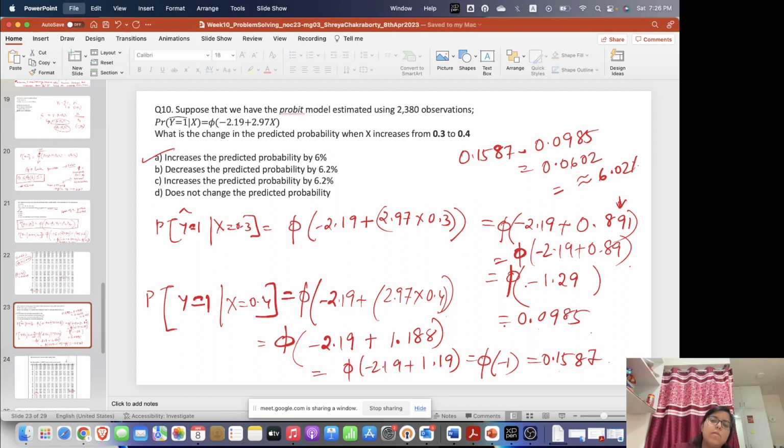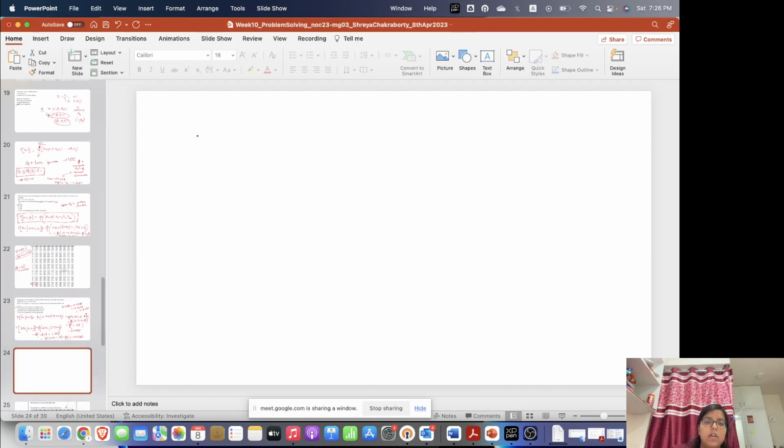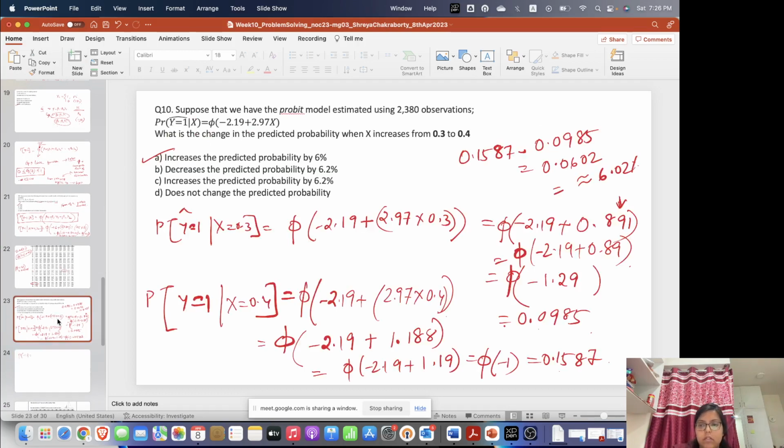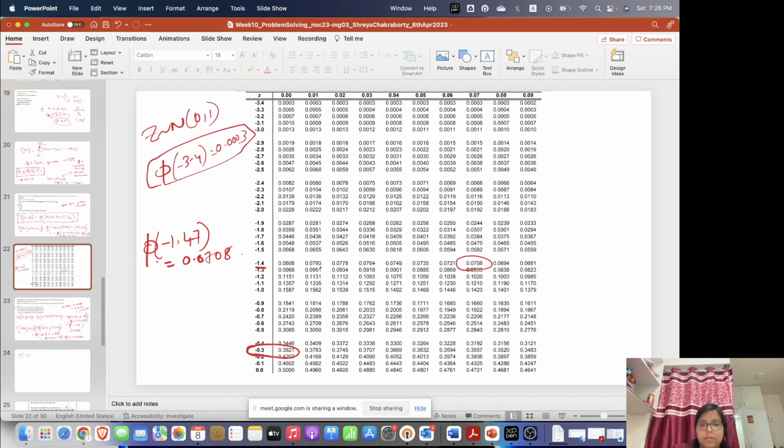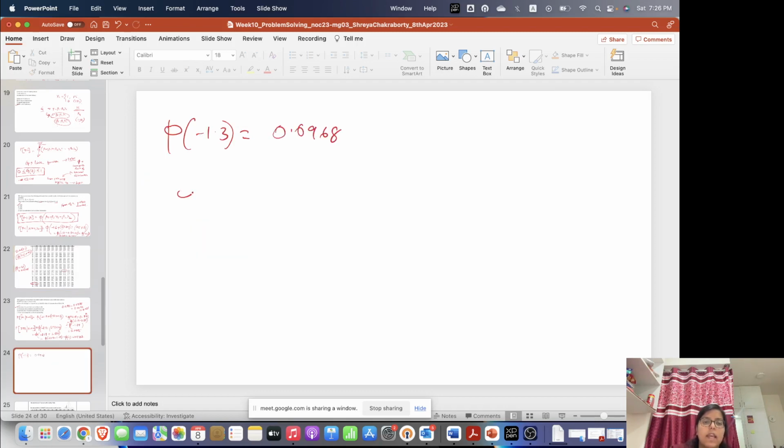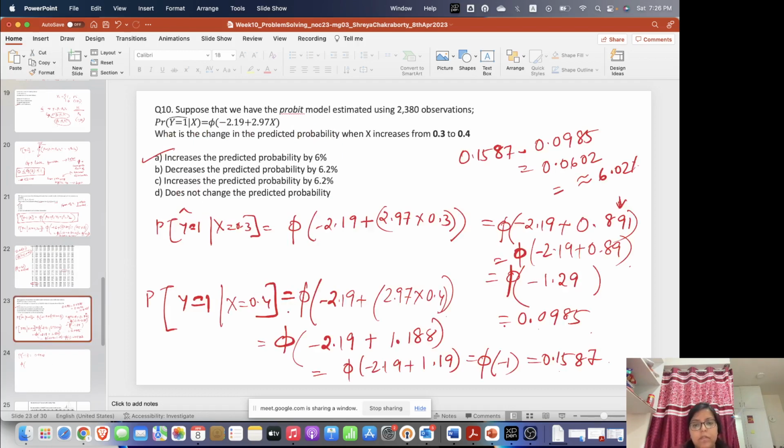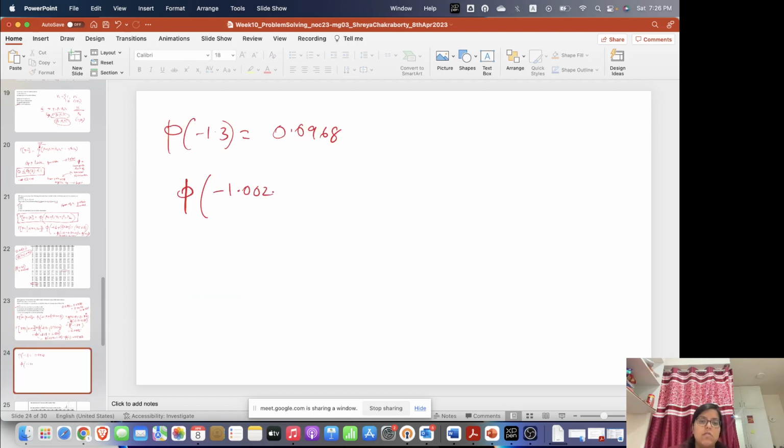Is it okay? But the problems will not change too drastically, because if we consider this one as well, just alternatively I'm saying phi of minus 1.3 would be 0.0968, and phi of this thing, minus 1.188 minus 2.19, minus 1.002.